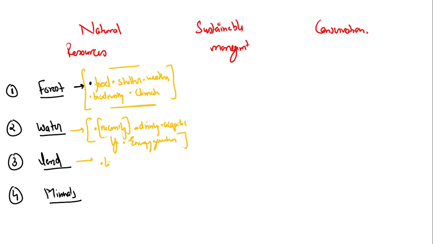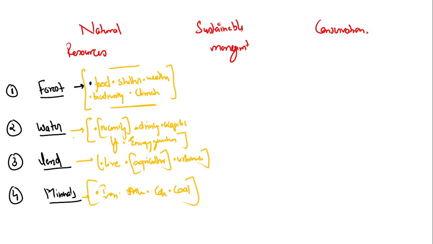Land we need to live. What more? Agriculture comes under land, right? The urbanization aspect comes under land, right? Minerals, different minerals like iron, manganese, copper, coal, we obtain from this.